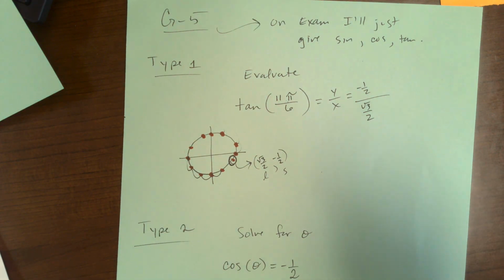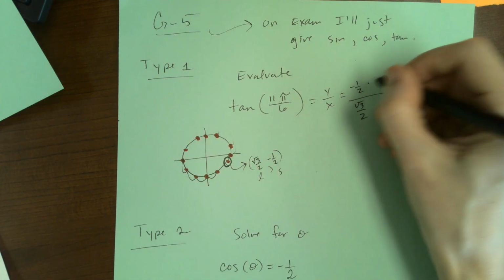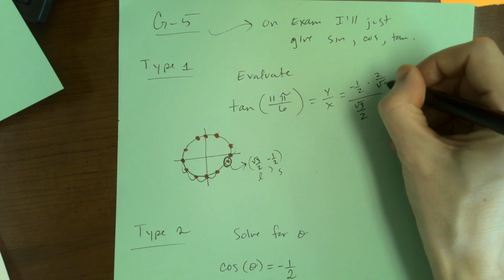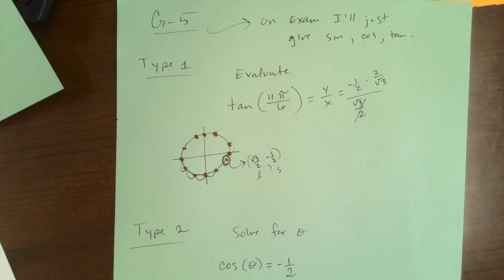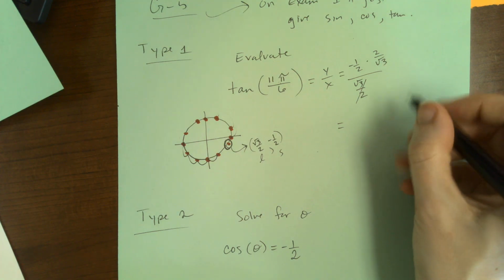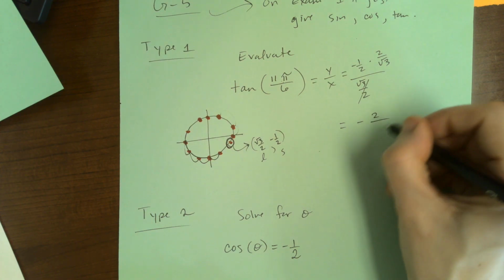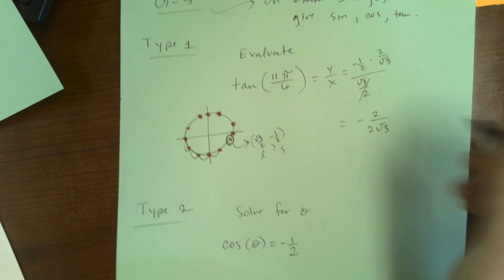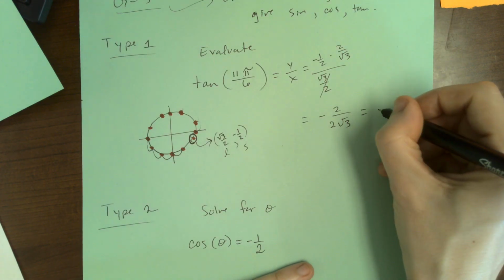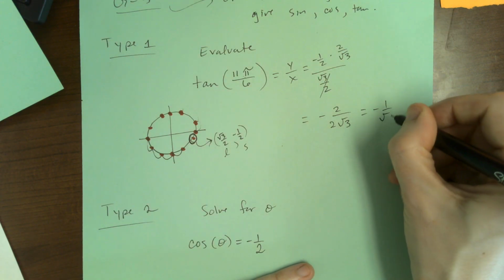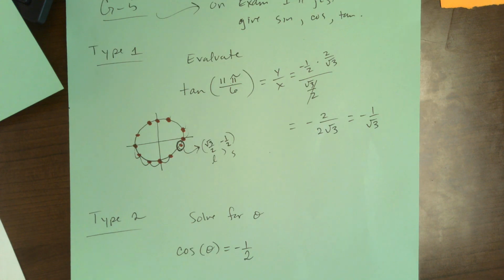And then keep, change, flip. So I'm going to just flip the bottom up there. So this is negative 2 over 2 square root of 3. Negative 1 over square root of 3. But if you get a square root in the denominator, we have to rationalize the denominator.